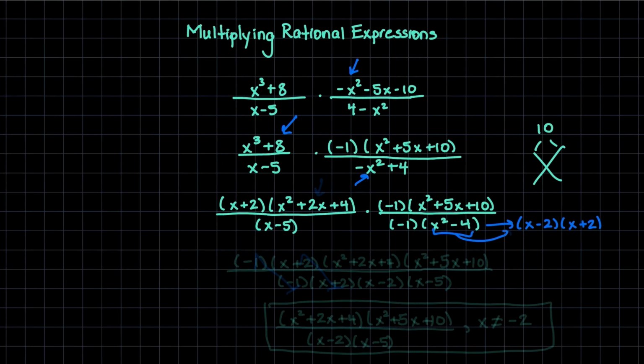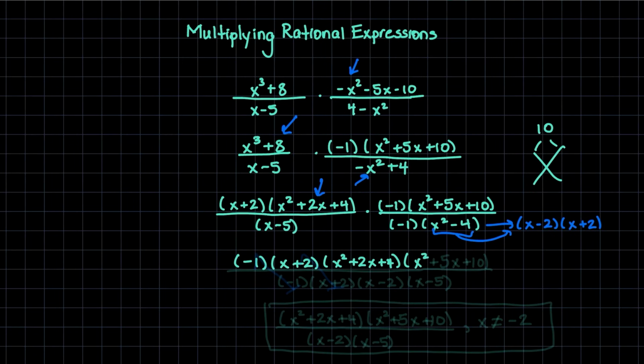So now I can multiply everything together, rearranging some things if I need to. Negative 1, x plus 2, x squared plus 2x plus 4. Let me remind you, if you've watched the sum of two cubes video, this is always prime. You don't need to check to see if it factors.